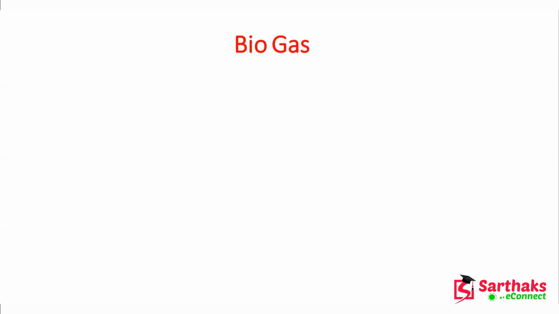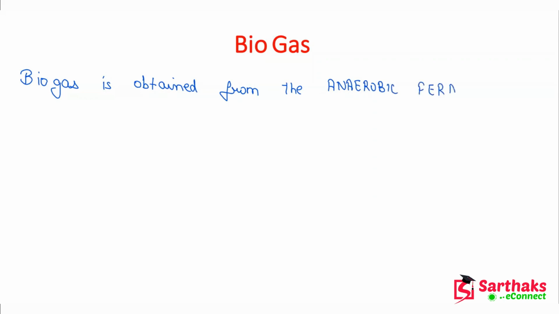Firstly, we are going to write: biogas is obtained from the anaerobic fermentation. Anaerobic means without oxygen.